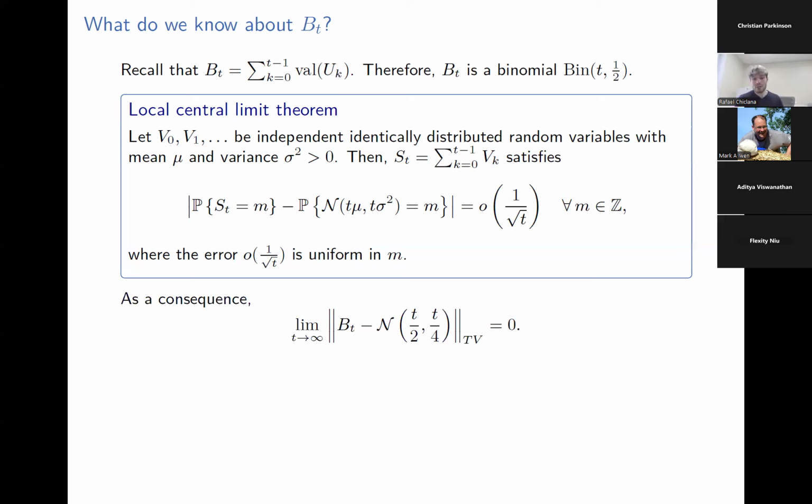So when we try to estimate the total variation distance, we really have to worry about the errors in that interval. But the length of the interval is the square root of t. The errors are small o, so they are smaller than 1 over the square root of t. So when you add all those errors, you still get convergence to 0.